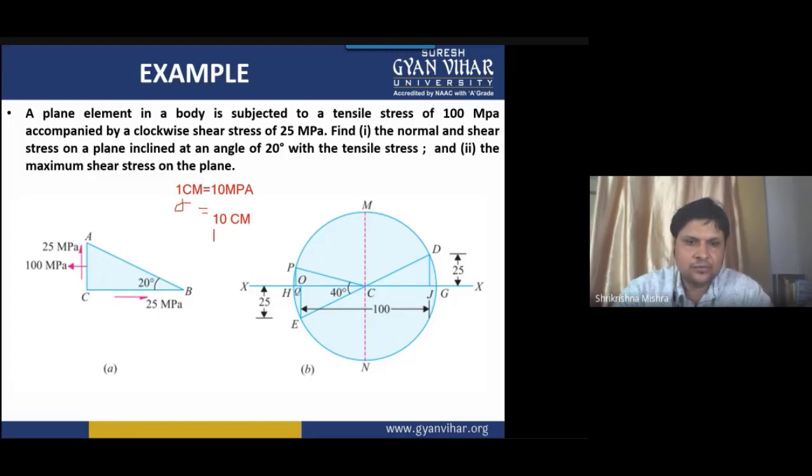And you have tau value given as 25 megapascal. This means that the line for tau you will make it equal to 2.5 centimeter. I hope this numerical is very easy. You try to draw it, you will not find any problem in drawing it, I assure you.